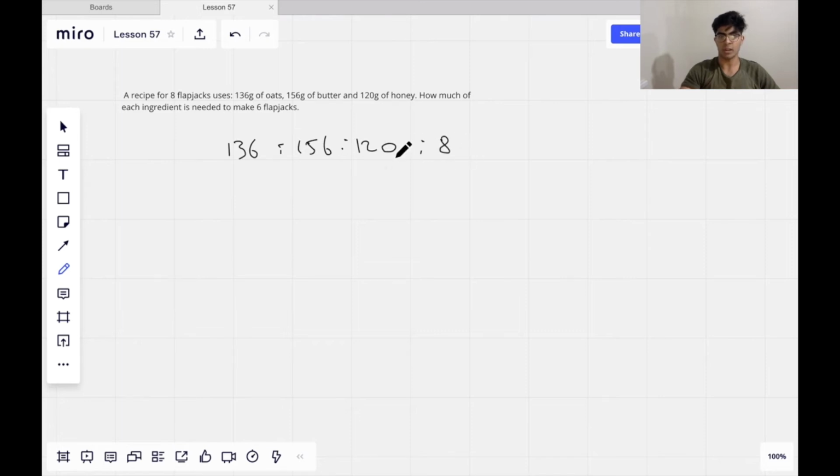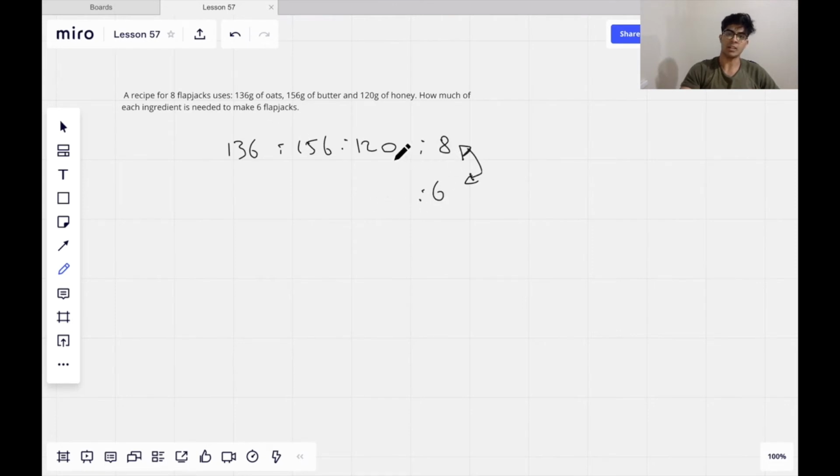If we have 6 flapjacks to whatever this is, this ratio is equal to this ratio, and we want to maintain this ratio but have this number equal to 6, because we have 6 flapjacks. We're seeing what the ratio is when we have 6 here instead of 8.